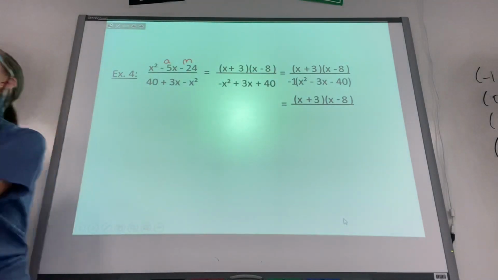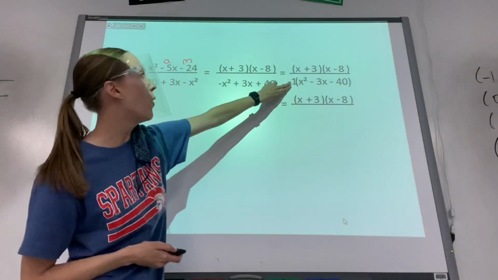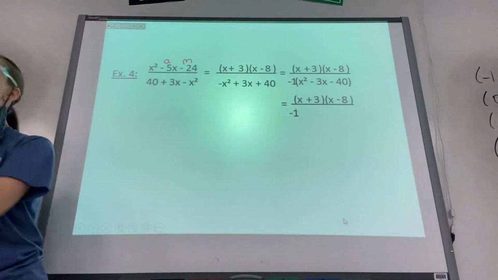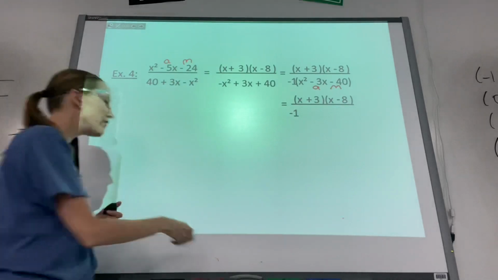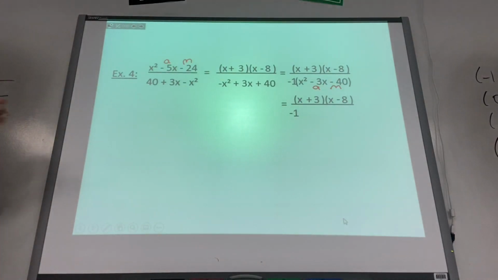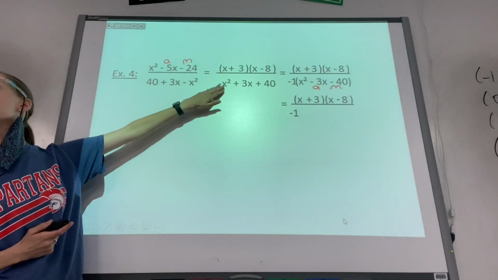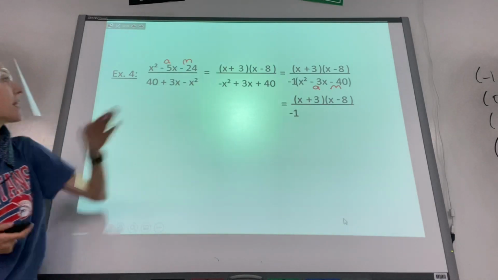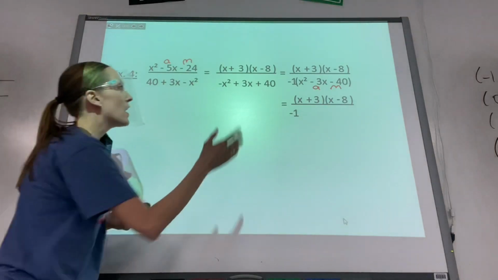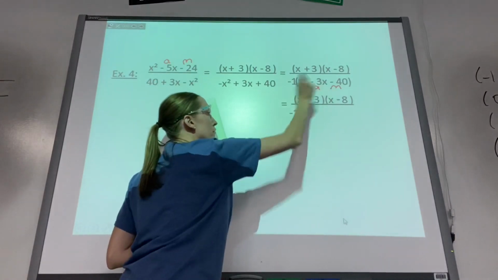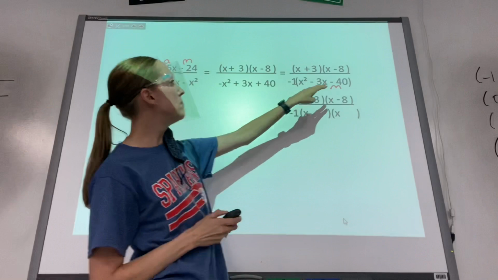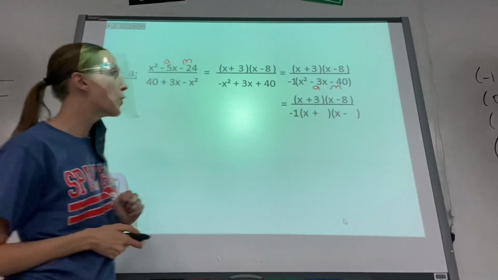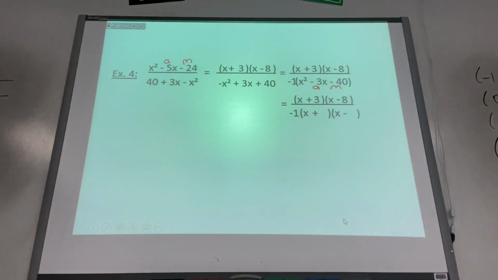If you just factor out a -1, you can keep it out front while you go back to the nice factoring. If you don't do it this way, this would almost be like yucky factoring a little bit because of the negative. So now, different signs, two numbers that multiply to -40 and add to 3. Anybody know what that is?